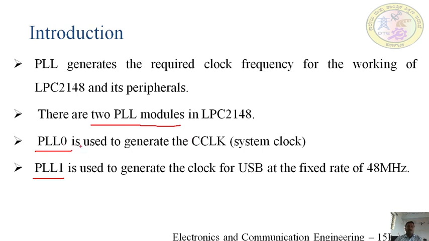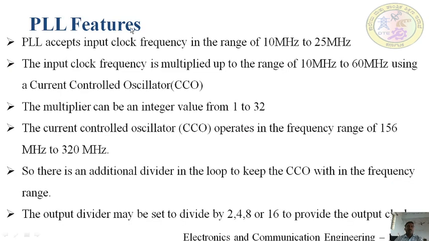PLL0, as I said, is used to generate the CCLK, that is the system clock or CPU clock for internal chip operations, and PLL1 is reserved to generate the clock signal for USB, at the rate of 48 MHz. This system clock ranges from 10 to 60 MHz, and usually this PLL is used to generate the stable frequency. These are the features of PLL.